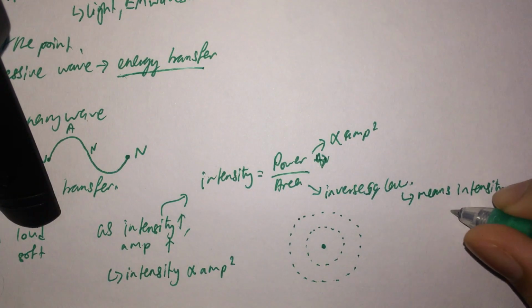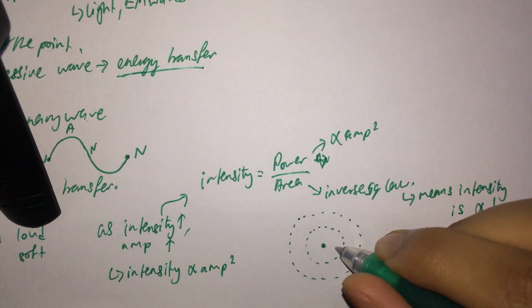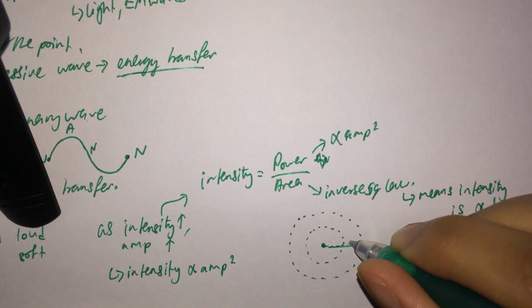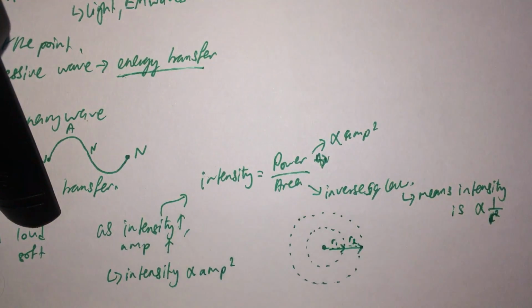The area that the wave covers will be different, because as the wave travels further and further, if you imagine a sphere at the center, the sphere becomes bigger and bigger. So the area that the wave has to cover is much larger. And since the same amount of that wave has to cover a larger and larger area, the intensity will decrease in a square law, in a sense.